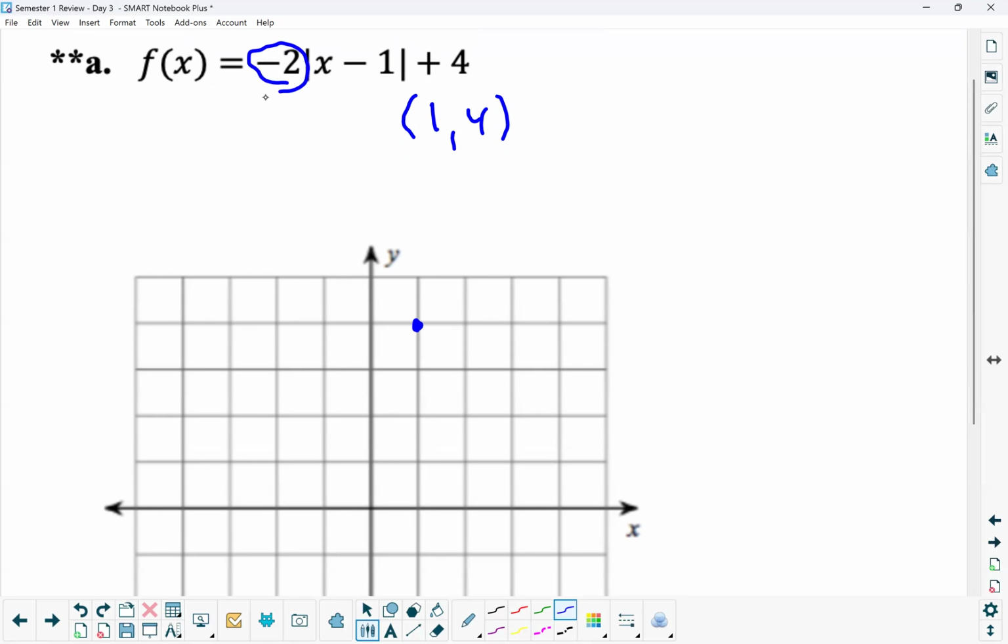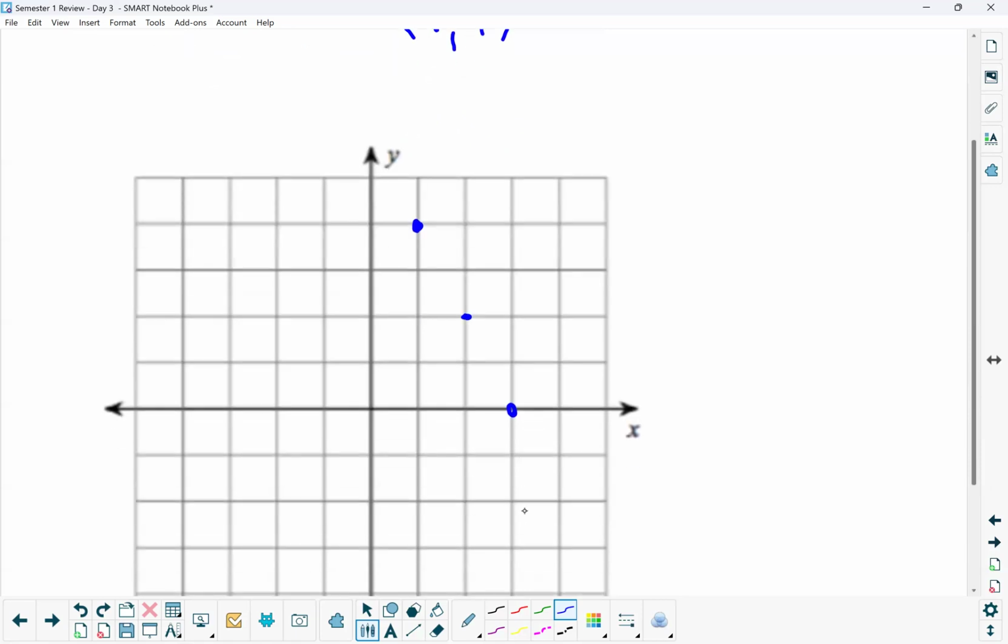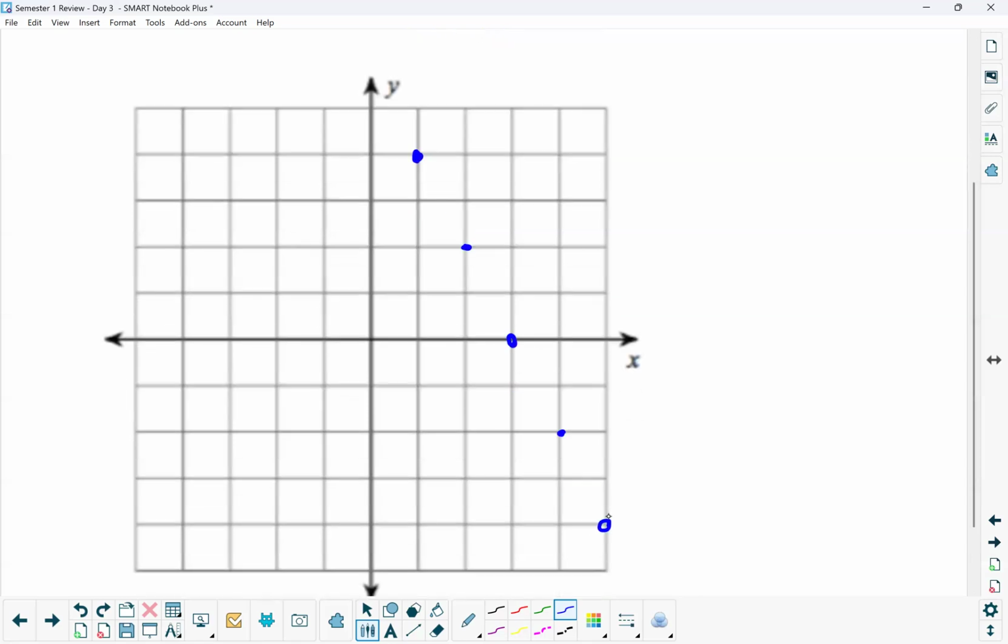as a slope. So from my vertex, I go down to right 1, down to right 1, down to right 1, down to right 1.